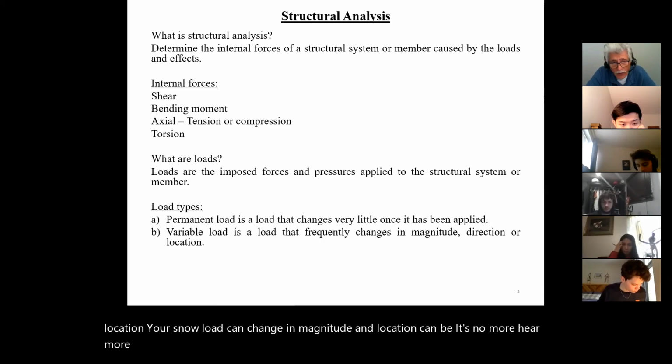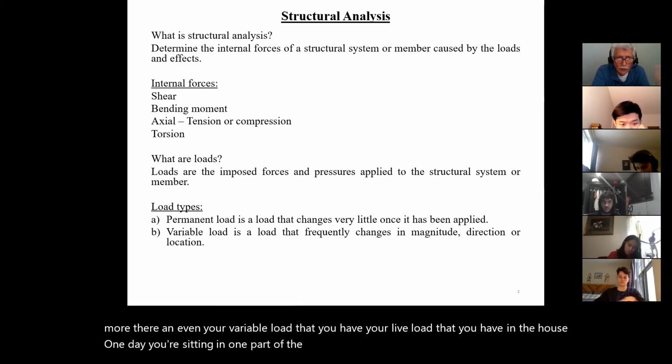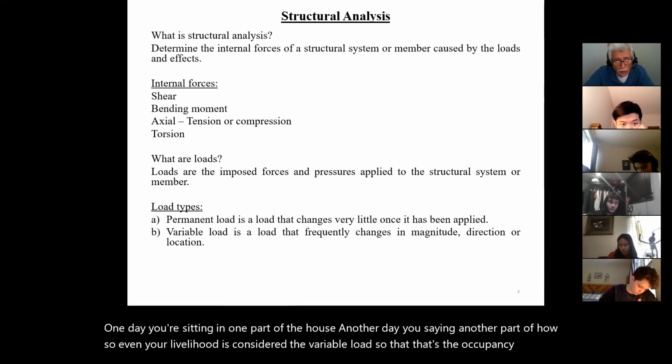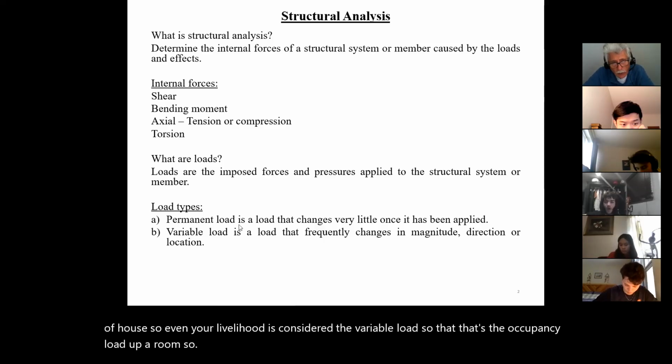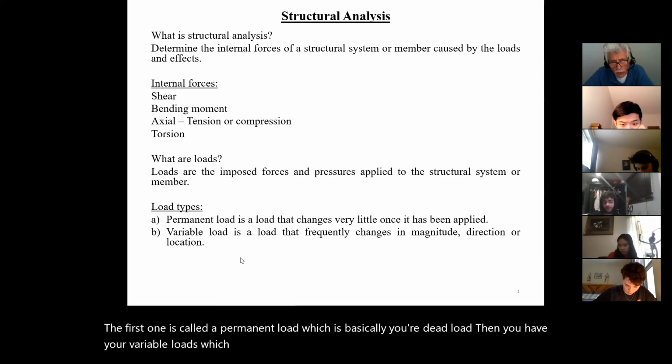And even your live load that you have in the house is variable. One day you're sitting in one part of the house, another day you're sitting in another part of the house. So even your live load, the occupancy load of a room, is considered a variable load. So the first one is called a permanent load, which is basically your dead load. Then you have your variable loads, which are your live load, your snow load, and your wind load.